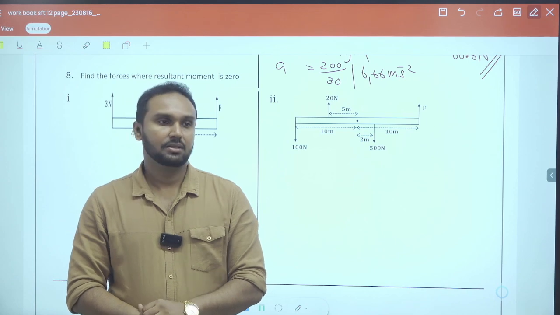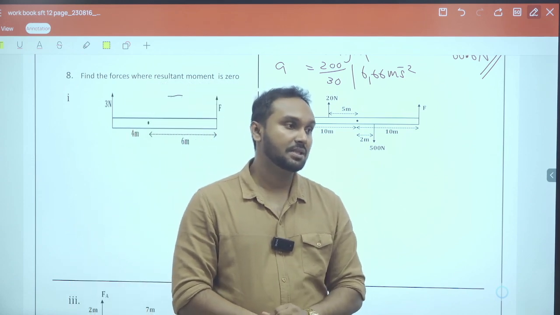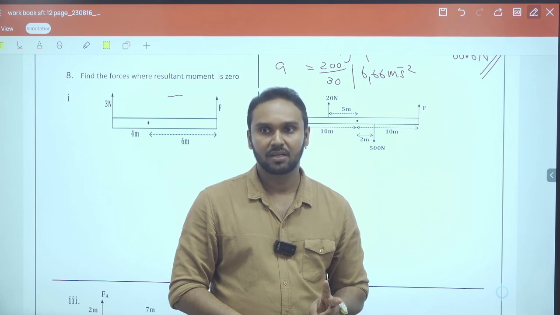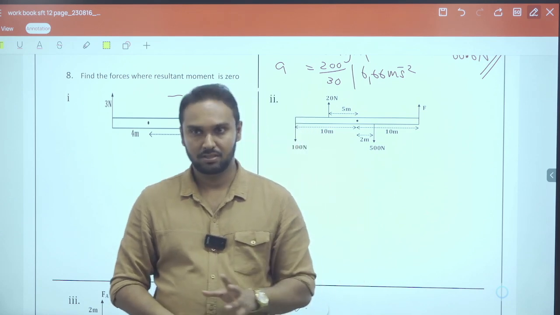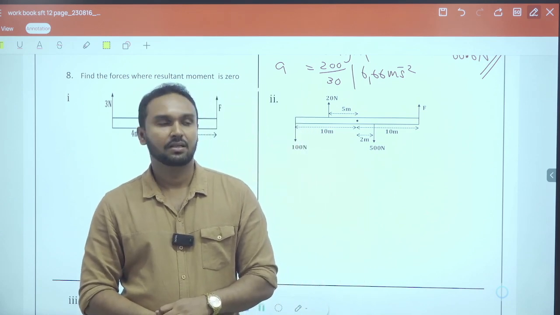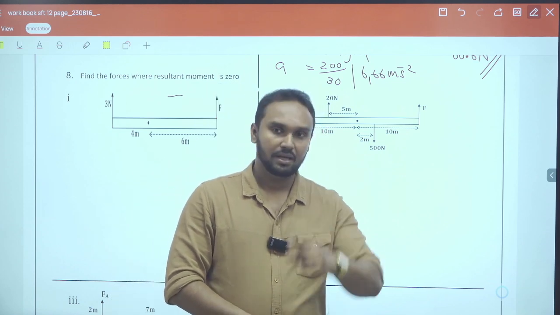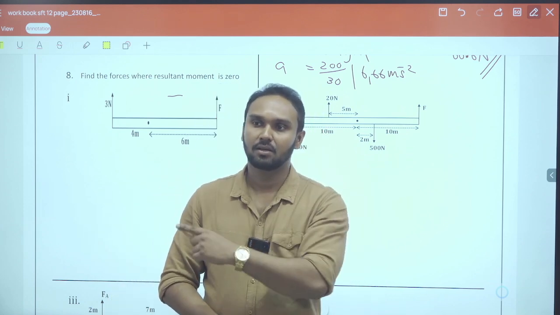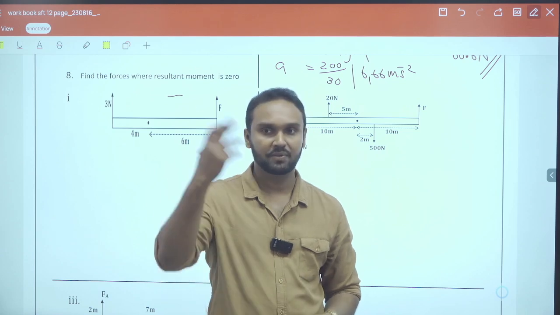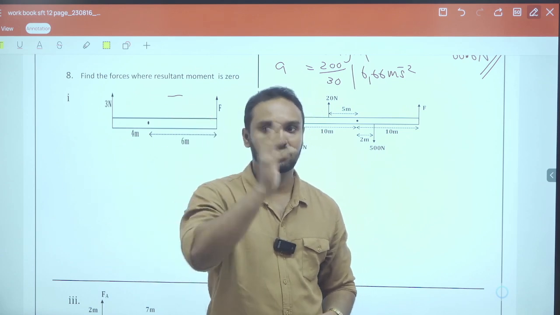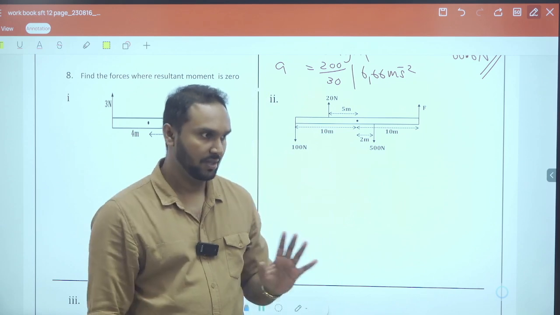So this is the theory. If an object is under equilibrium, there are two things to consider. One is the equilibrium of the forces, which means the resultant force should be 0 in the vertical and the horizontal axis. Again, upward forces should be equal to the downward forces, left hand side forces should be equal to the right hand side forces. That is one.